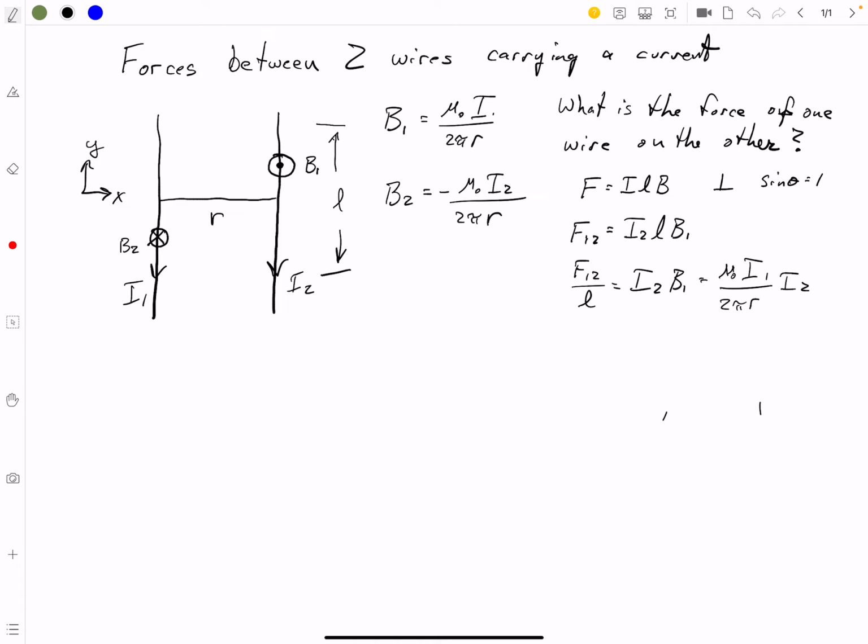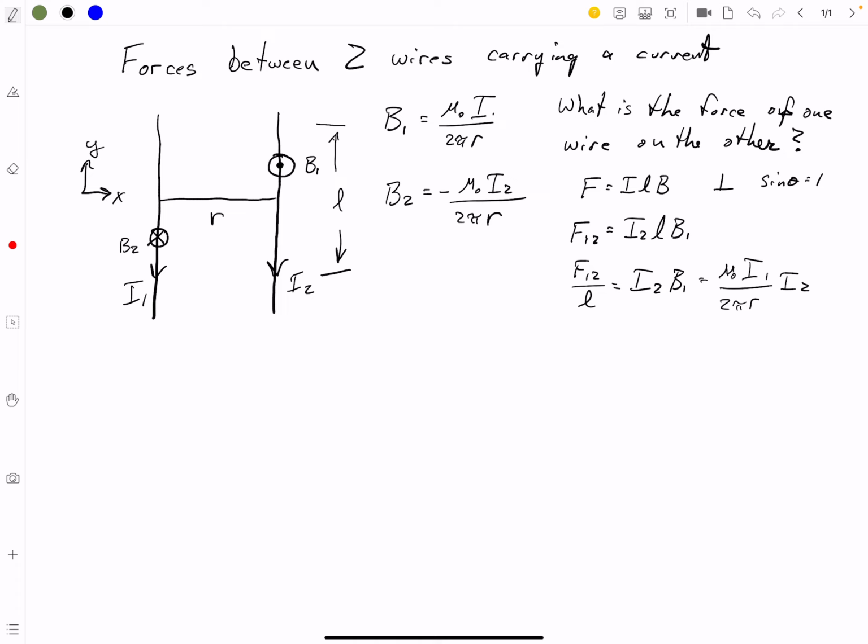I like it. We haven't really talked about the direction yet. I want to talk about the direction because that's really a key here. And let's just talk about that.